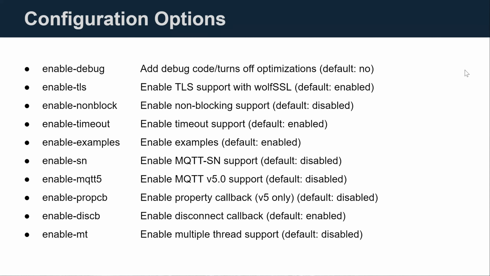Debug messages are crucial for figuring out why your application is not quite working right. The last one there, multi-thread, allows independent tasks to use the library without any internal conflicts. This adds some overhead, so we made it configurable so as not to bloat the library size for size-conscious applications.